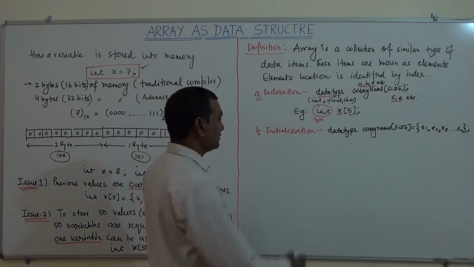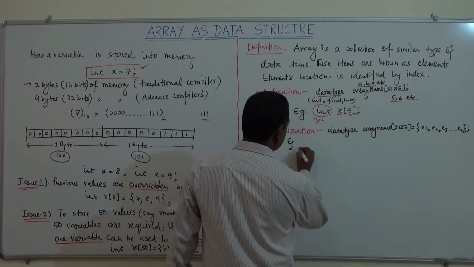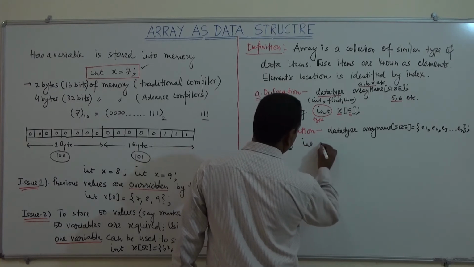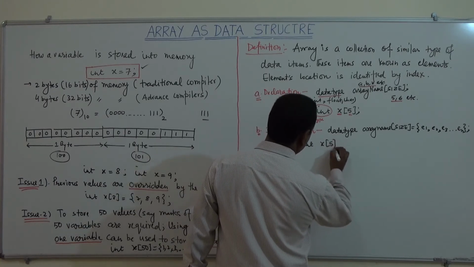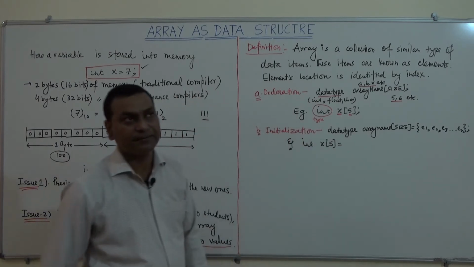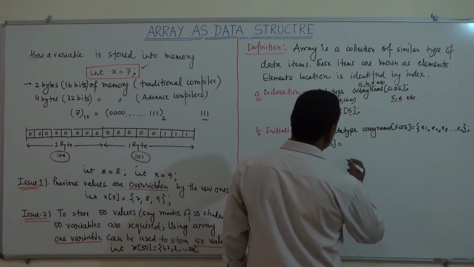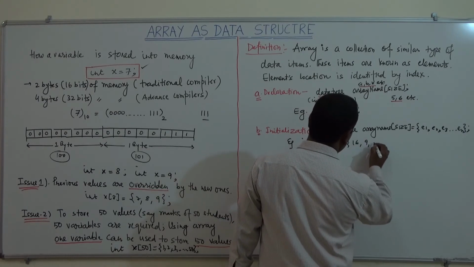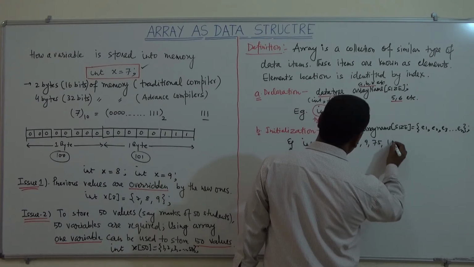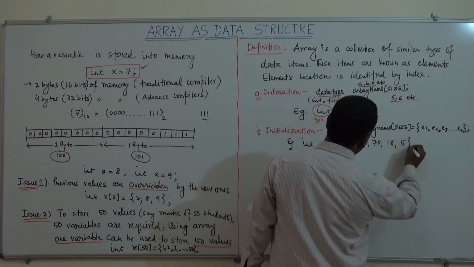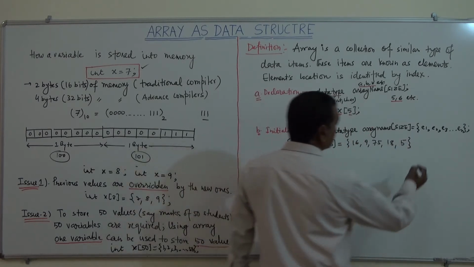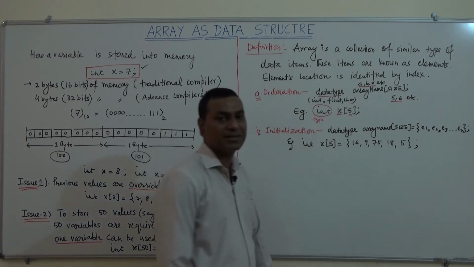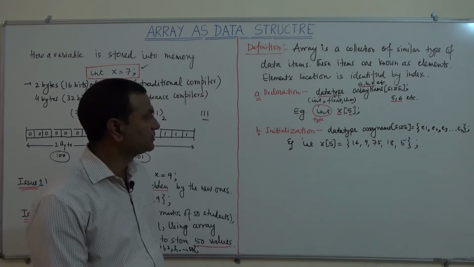For example, we can write int x[5] equals to 16, 9, 75, 18, 5. So this is the initialization.